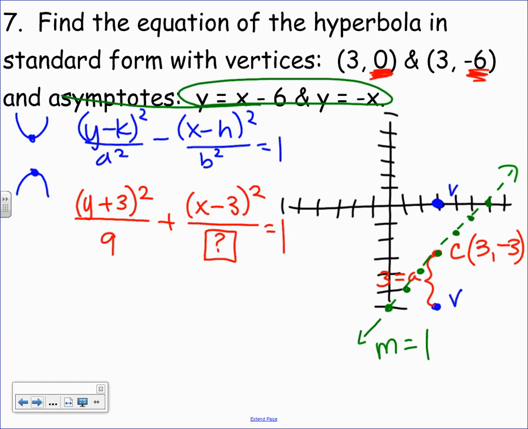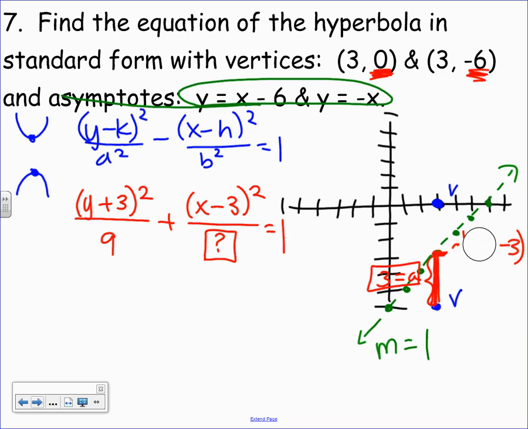right? Okay. So here's what I want you to consider. I know for sure that this a value is 3, right? If I look at the slope, I'm going to have to go up, and then the distance that's going to go to the left and the right is actually b. Sorry, that's a hot mess.